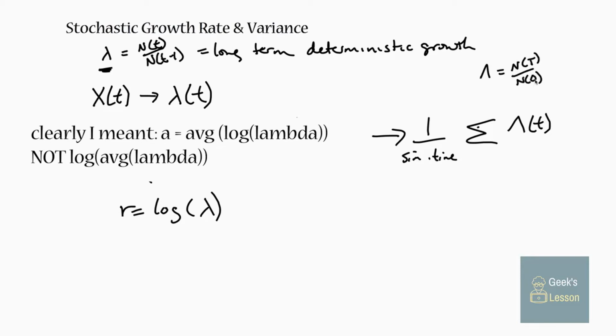So it's the total population growth, not a rate. So it's going to be the sum of the total population growth at the end of the simulation for each simulation divided by how long the simulation was.